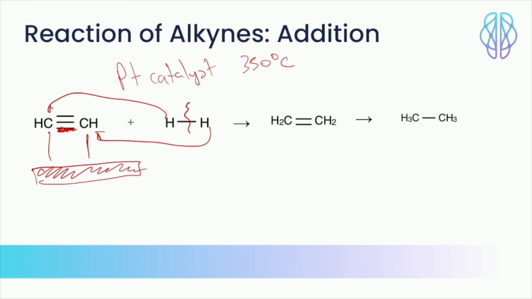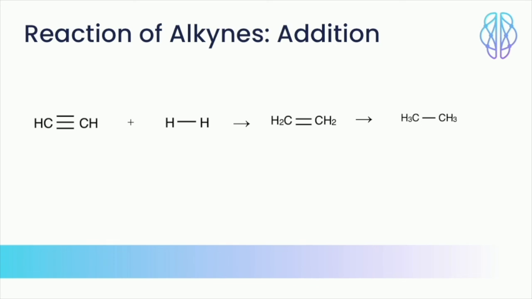So your final product is going to be ethene. Then, if you let the reaction proceed, it can happen once more, and then it can undergo an alkene hydrogenation to form ethane.